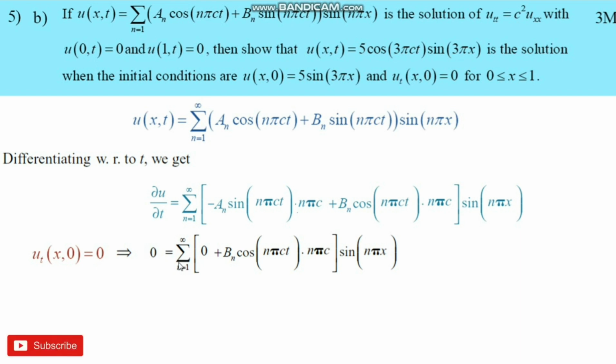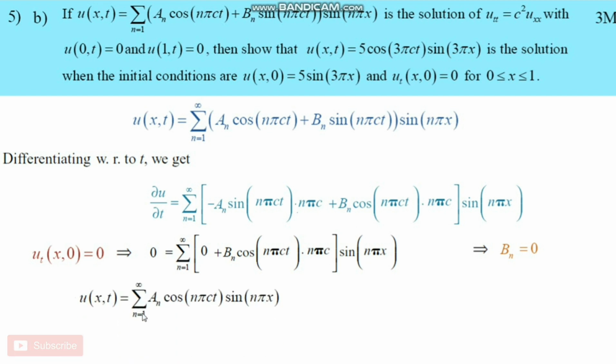When t is replaced with 0, the sine term gives 0, and cos(nπct) at t equal to 0 is 1, so we have bn nπc sin(nπx), which implies that bn is equal to 0. Therefore u(x,t) is equal to the summation of an cos(nπct) sin(nπx).